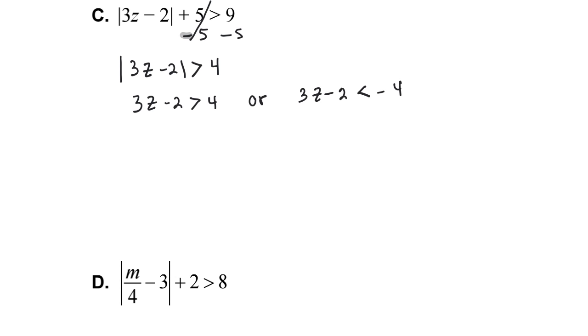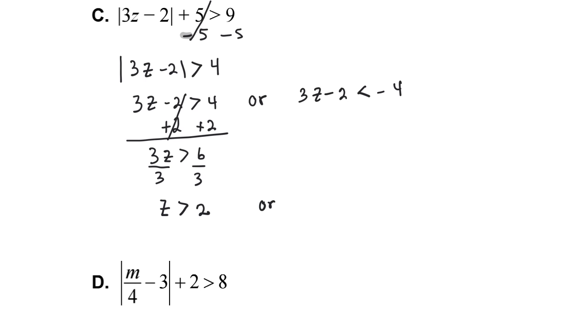And then you're going to go ahead and do the proper steps to solve each inequality. So we want to isolate z, so we're going to add 2 to both sides. Negative 2 plus 2 is 0. You're left with 3z is greater than 6. And then we're going to divide by 3. So z is greater than 2.